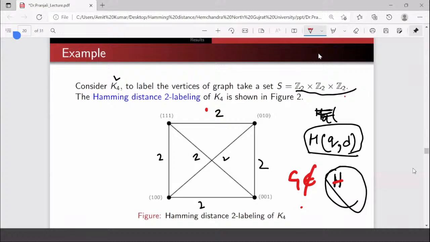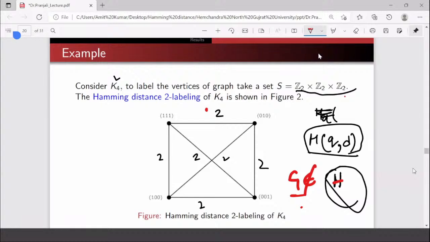So the problem has been converted into an embedding problem. If a graph is a Hamming graph, then it is well and good. If it is not a Hamming graph, then does there exist a function so that this graph can be embedded into a Hamming graph? Earlier it was not a Hamming graph.